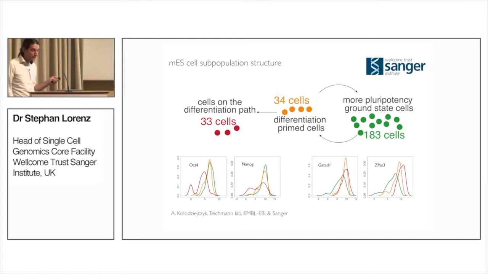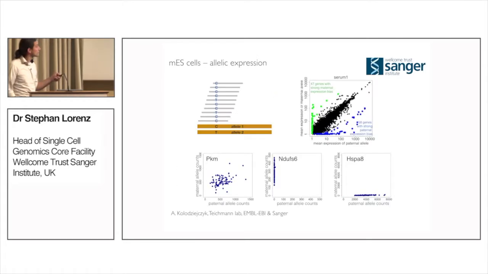If you remember a slide ago, she used two different mouse strains, which leads to the situation that most genes are heterozygous or express heterozygous SNPs. So by just calling known SNPs in the transcriptome, she could then detect whether a transcript was expressed from the paternal or maternal allele, and whether there are differences between genes or different states in the cells.